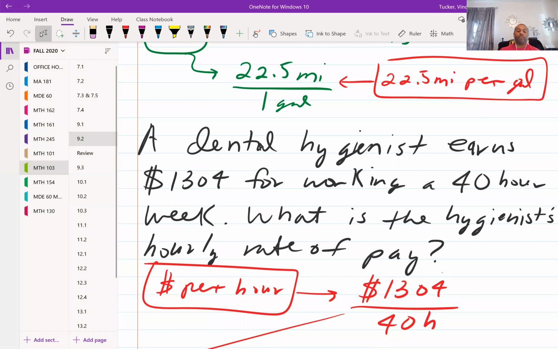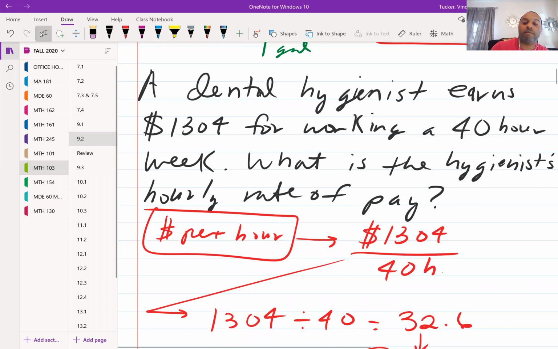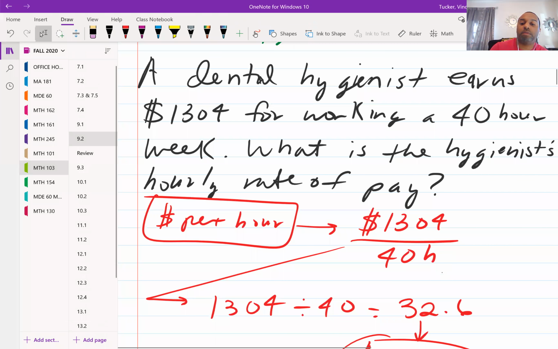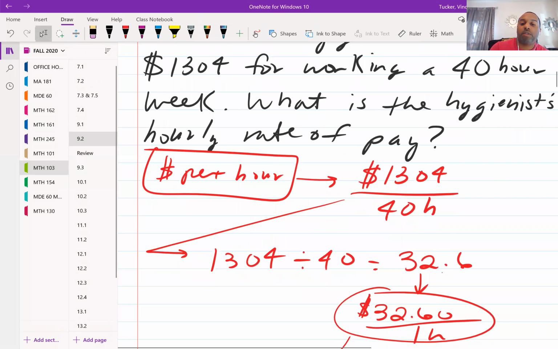We take that 1304, place it over 40 hours, and then we go ahead and divide 1304 by 40. We got 32.6. Since we're dealing with money, that would be 60 cents. So you get $32.60 per hour.